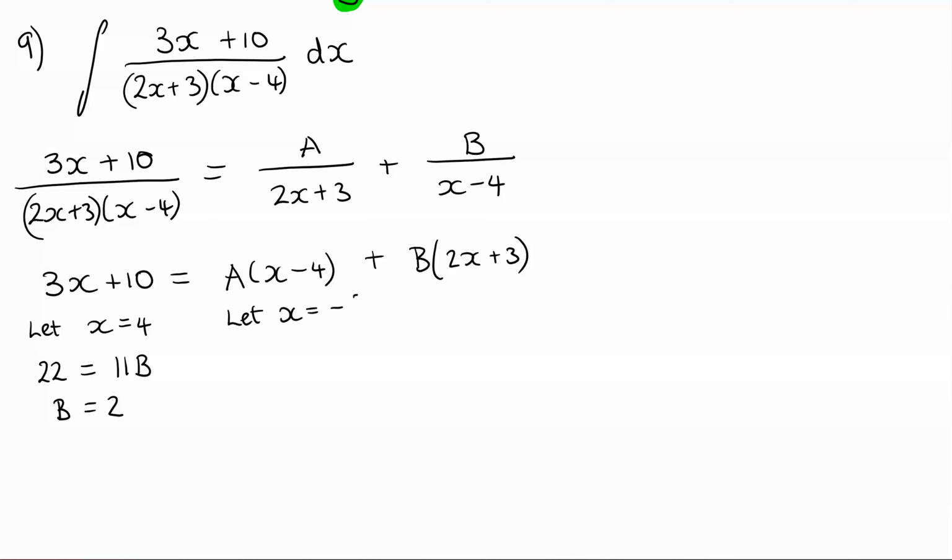Then I'm going to let x equal minus 3 over 2, because that's going to make the second bracket on the right equal 0. And I end up getting 11 over 2 on the left, and minus 11 over 2a on the right. That means that a is minus 1.